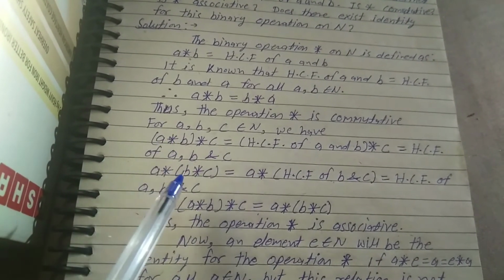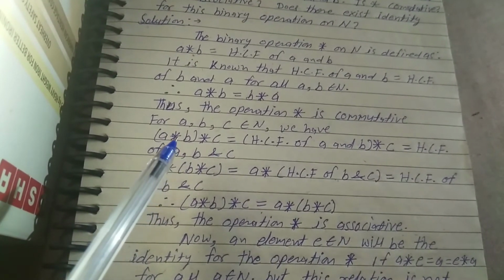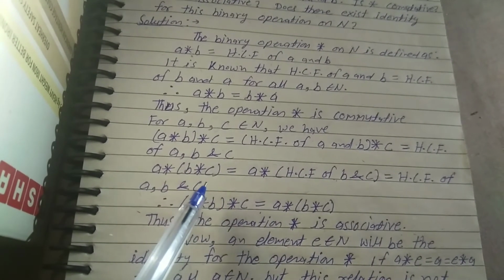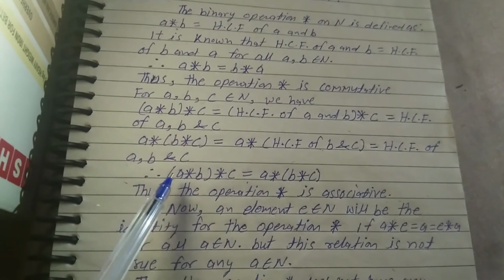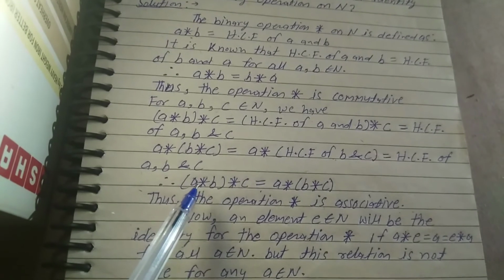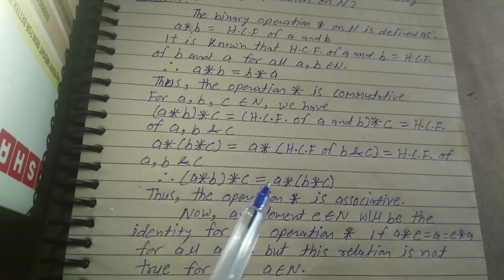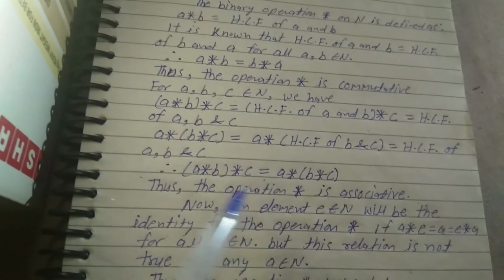So these two conditions satisfy the associative condition. That's why the HCF value is the same. Therefore (a * b) * c = a * (b * c).